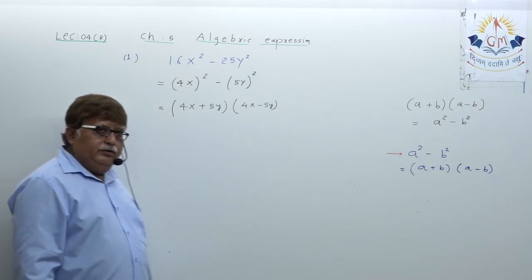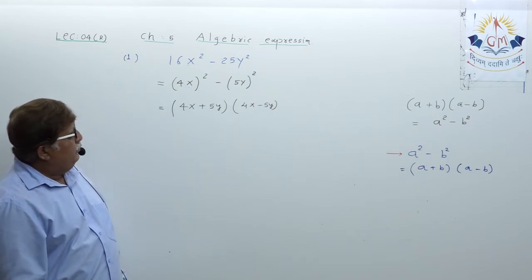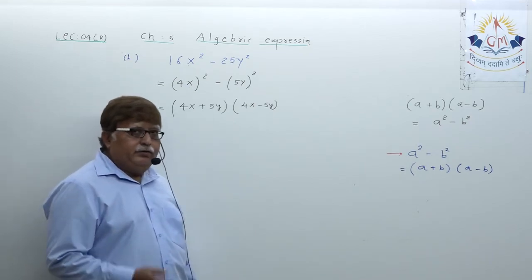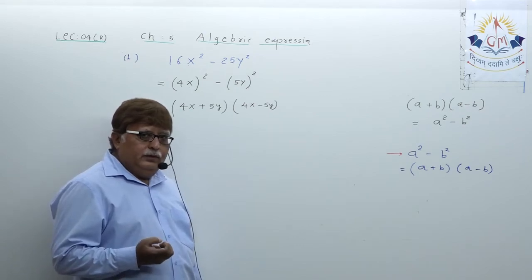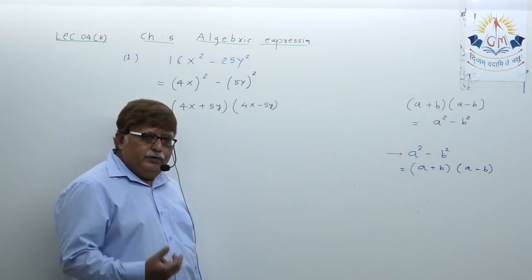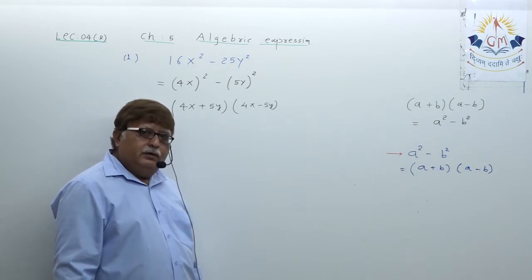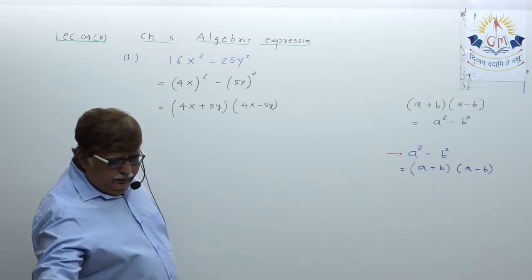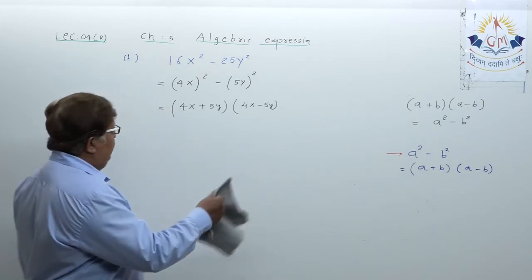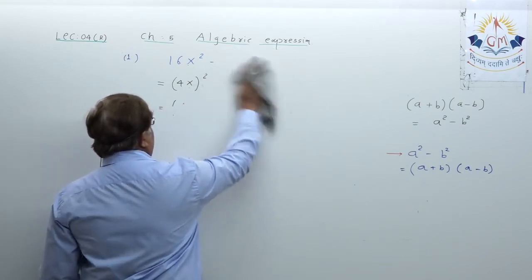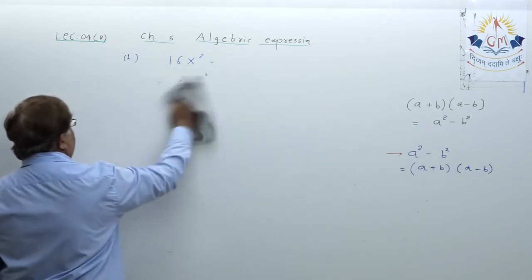Then you will do the same method, just for the revival, and then we will shift ourselves to difficult examples where you will apply the same identity. This is a simple example as a revision. Let us go for some difficult examples.